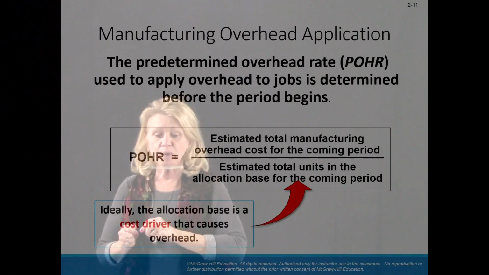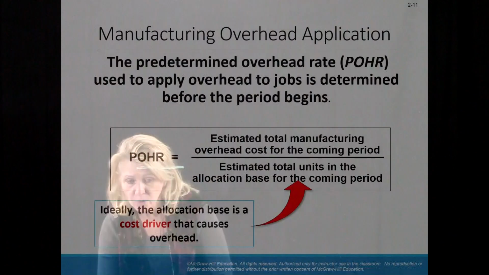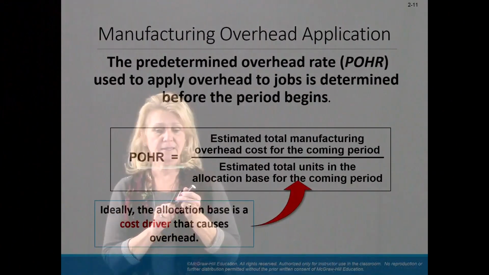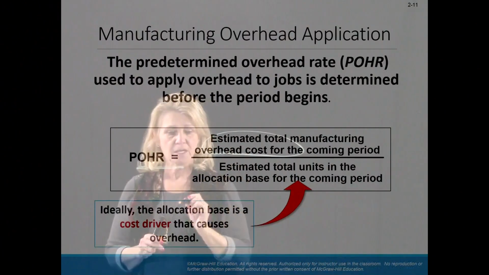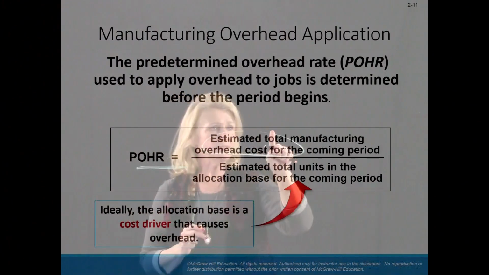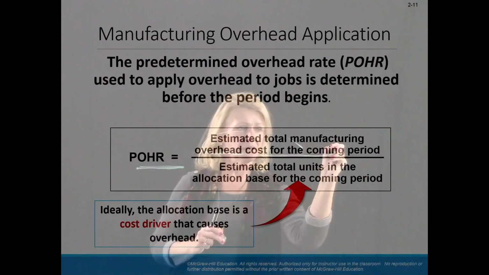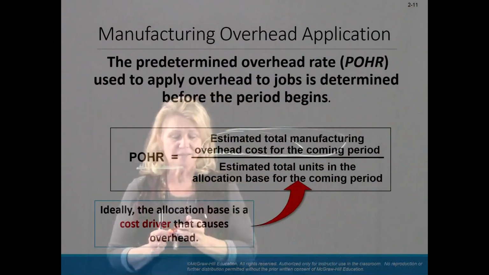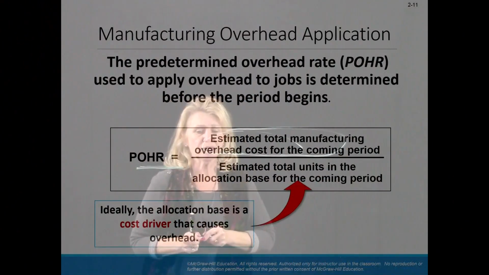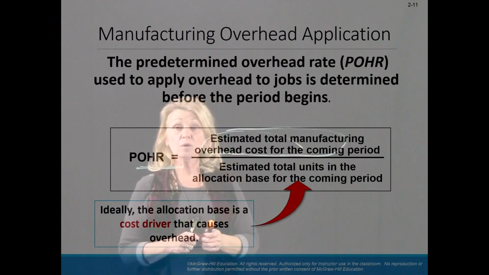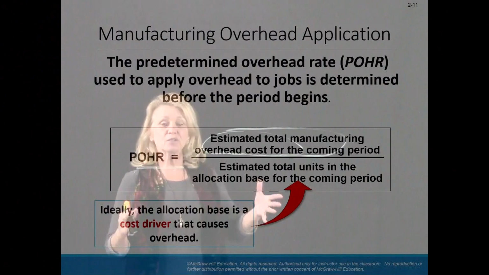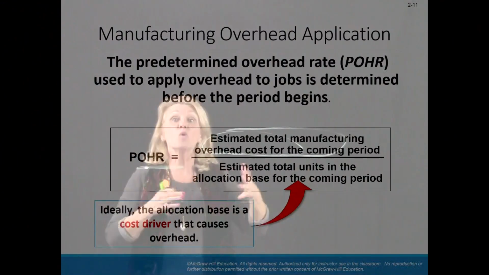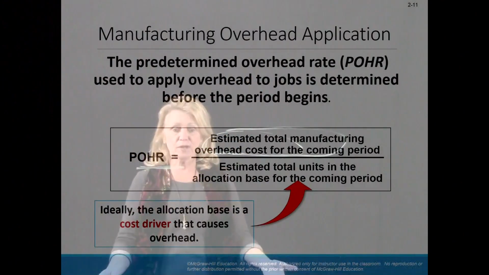So we're going to take the total estimated overhead, the estimated total manufacturing overhead costs for the coming period. So we're going to get into budgeting later, but the management have budgeted these costs for the total manufacturing overhead.